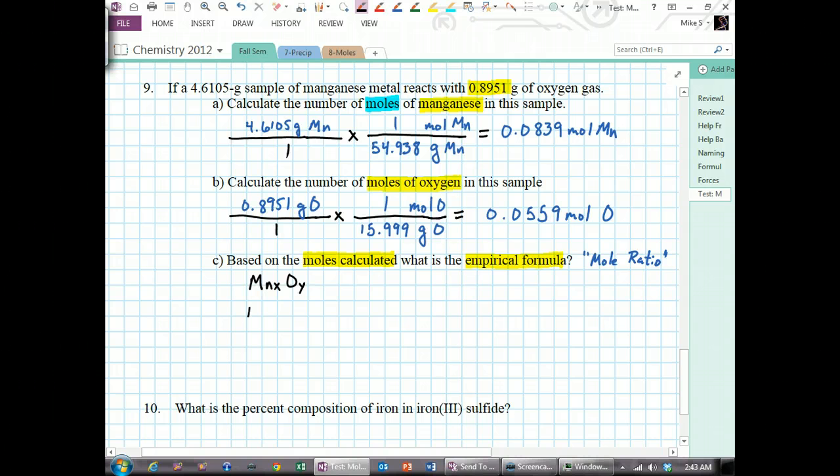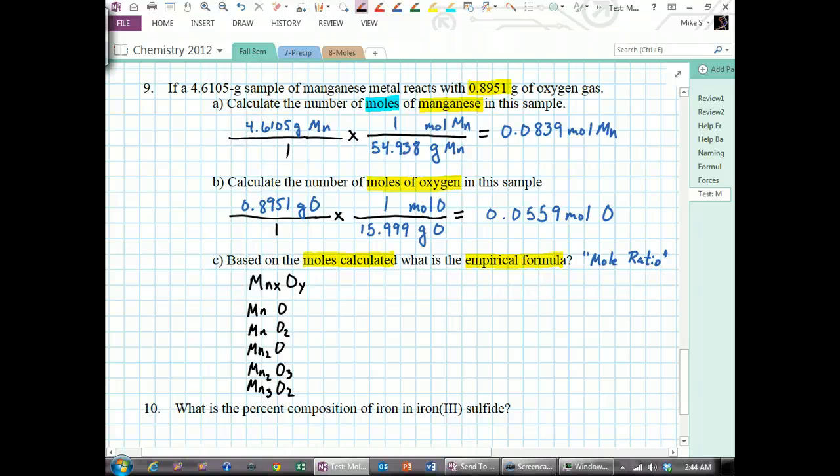What that means is that you could have MnO, MnO2, Mn2O, any whole number ratio, Mn2O3 for example, Mn3O2. But it keeps going. Any whole number ratio is possible on this.